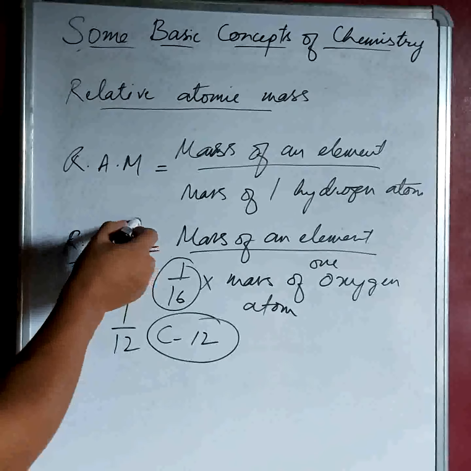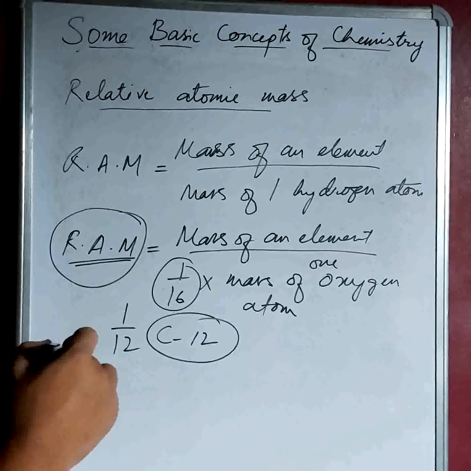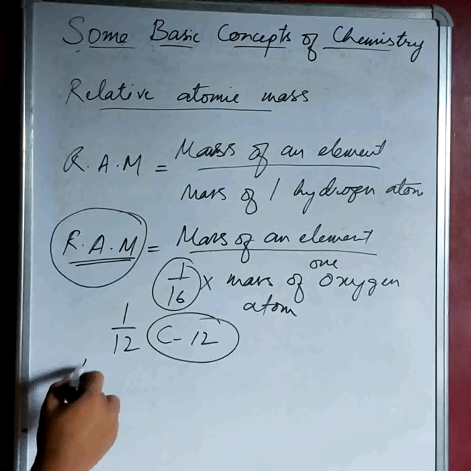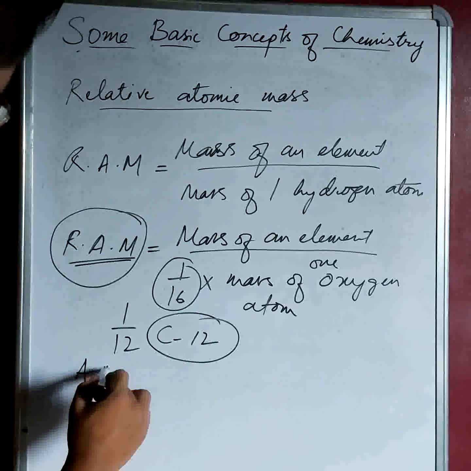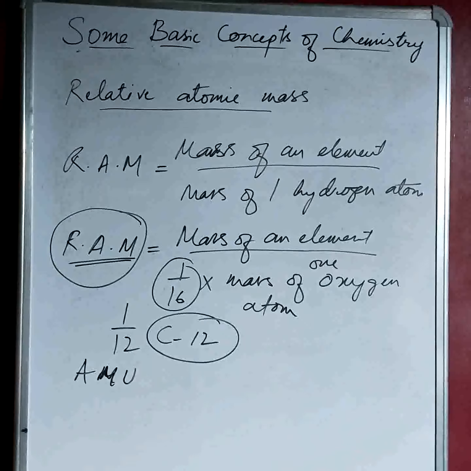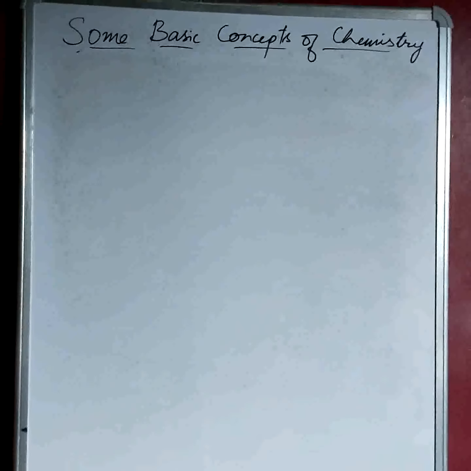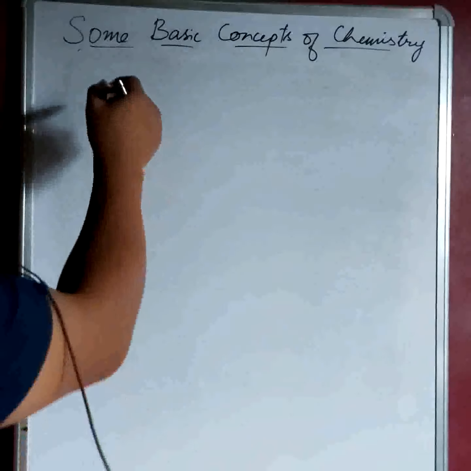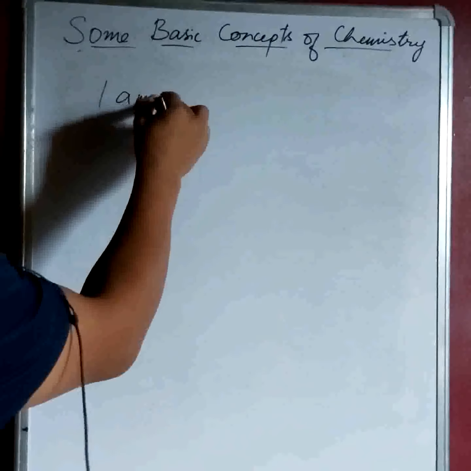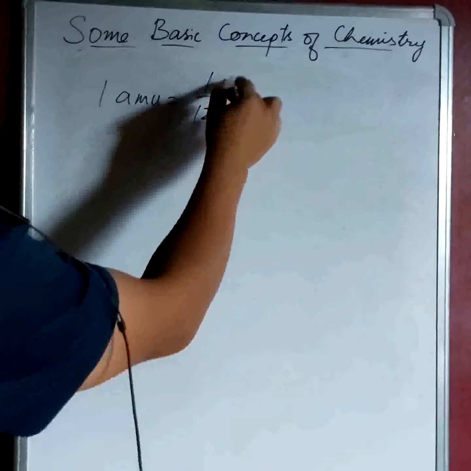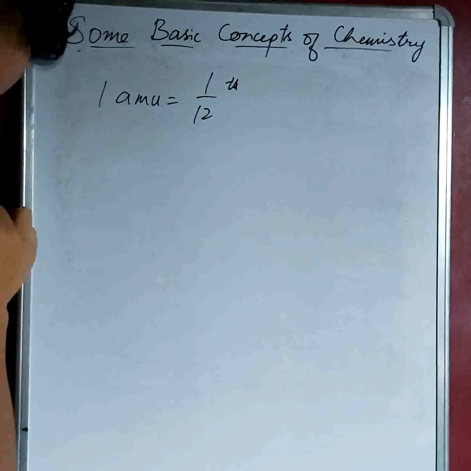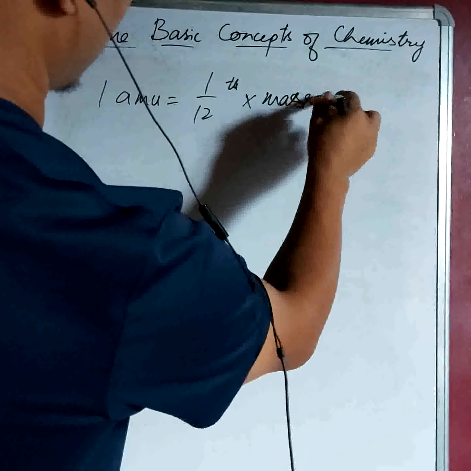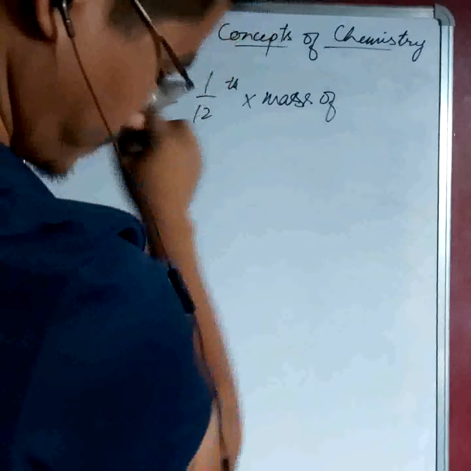Now, from this relative atomic mass, we can define an atomic mass unit. One atomic mass unit is equal to 1 by 12th mass of C12 atom.